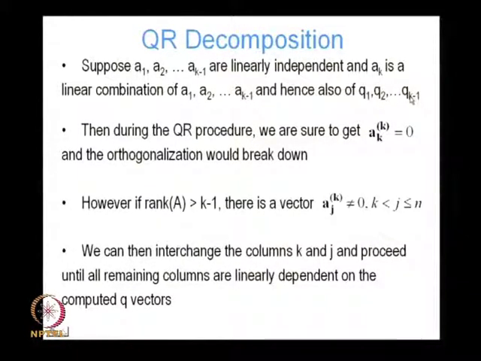Thus, during the QR procedure, we are sure to get Akk equal to 0 and the orthogonalization is going to break down. Why is that? Because recall, each time we form a new Q vector, we orthogonalize all the remaining vectors with respect to that vector. So, we project out from each remaining vector the Qk vectors that have been formed previously.